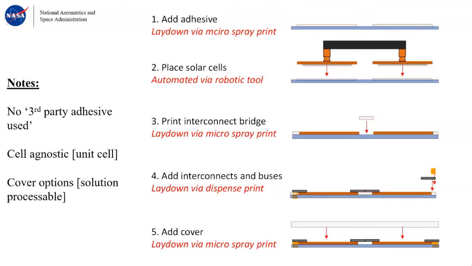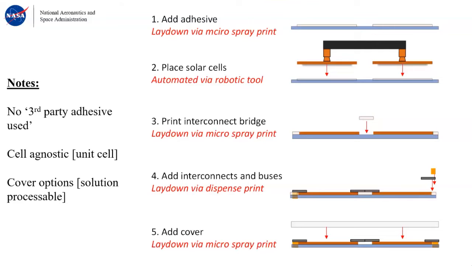It's also important to note that we're cell agnostic. We're designed around a unit cell, and really that unit cell has plenty of room to move depending on the end application. But my point here is that you don't have to have a specific cell. Largely, we can integrate all current thin films, and we're set up well for future thin films.